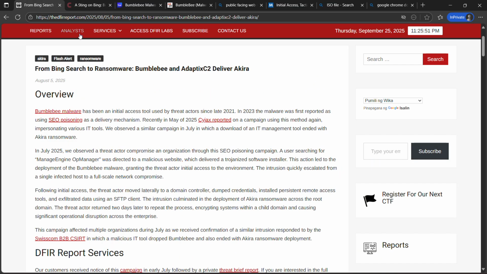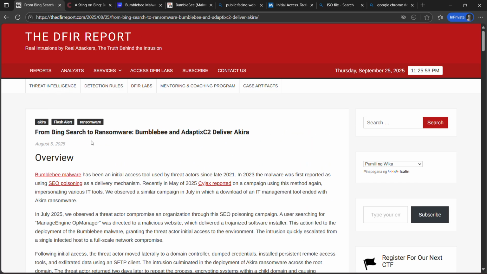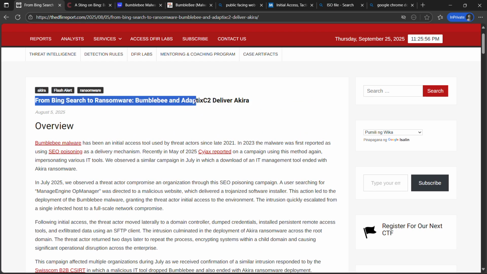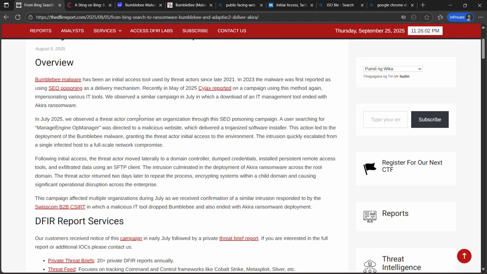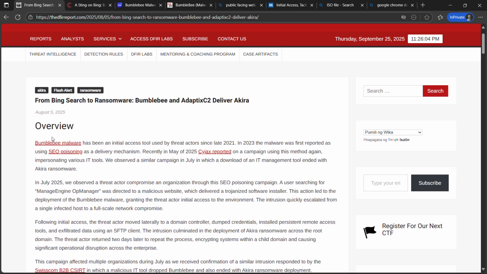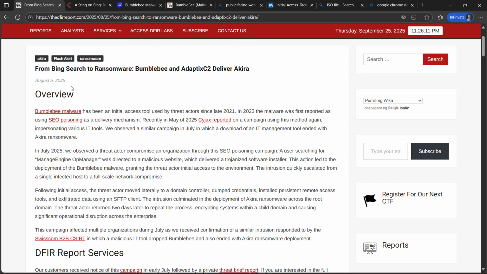Oh yeah, this is SEO poisoning, I just realized. From Bing search to ransomware. This most likely is SEO poisoning because it's from Bing, right?